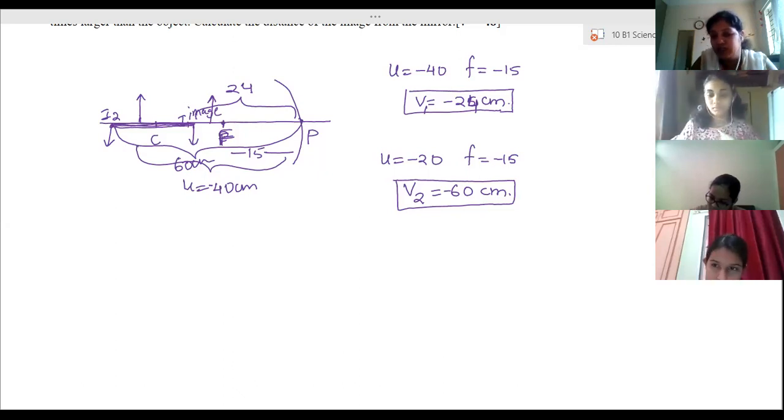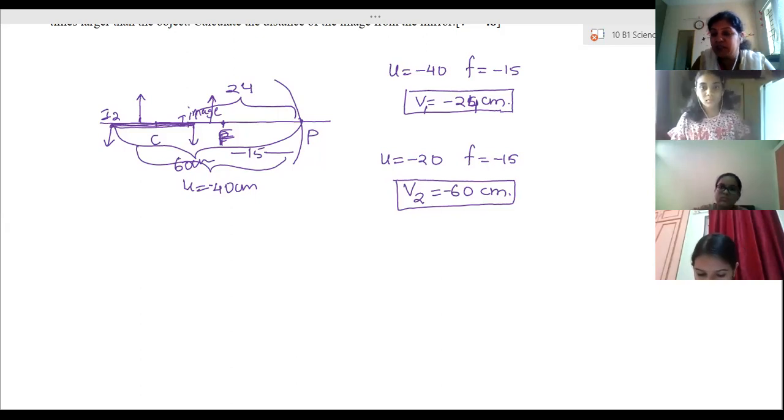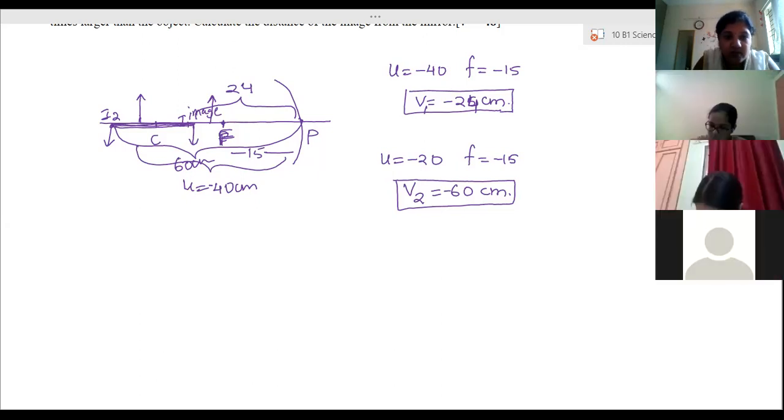So m is equal to plus 1/4. Clear, Pranjal? Yes, ma'am. Then what is the distance of the object from the mirror?